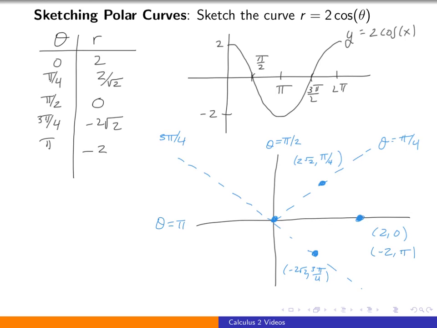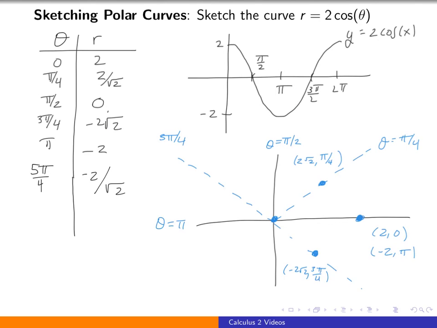Let's go one more point to see what happens. After pi, you might go to 5 pi over 4. Corresponding to theta equals 5 pi over 4, we would have 2 cosine 5 pi over 4, which is minus 2 over root 2.